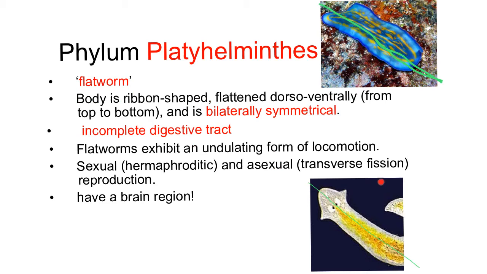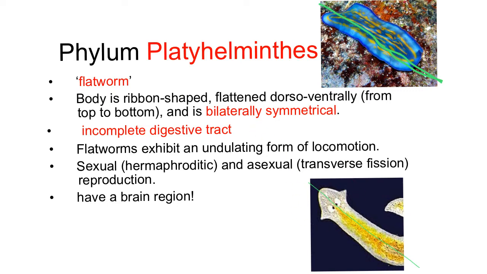Now, because they're bilaterally symmetric, they're going to have that cluster of sensory organs on their anterior portion. So they're going to have like a head-ish region. And if you recall from our last lesson, that's one of the benefits of being bilaterally symmetric. You can sense in the direction that you're going in.